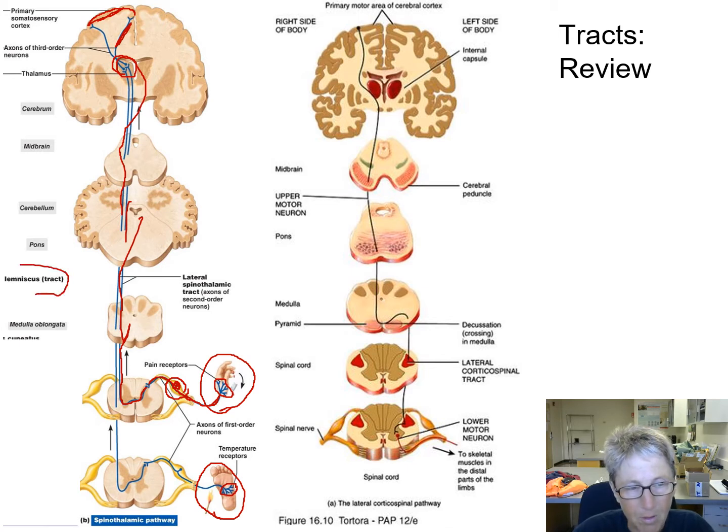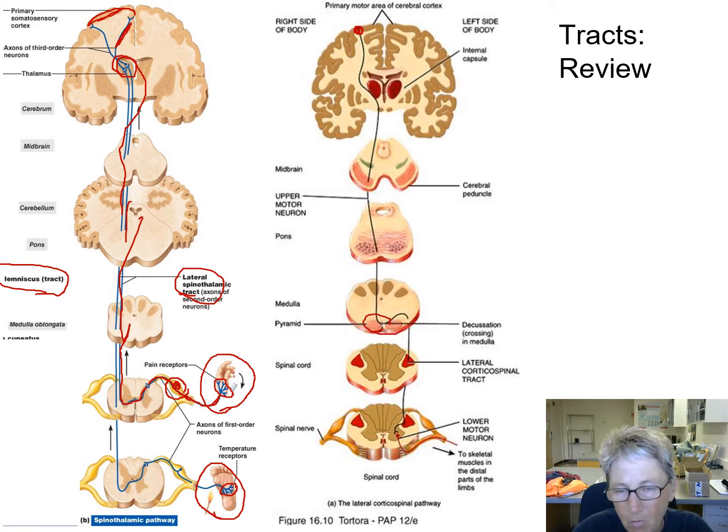For example, the lemniscus tract, the lateral spinothalamic tract. And then if you want to send a motor command, so if you want to flex your bicep to pick up a glass of water, that upper motor neuron will fire an action potential. Action potential will travel down through the spinal cord.